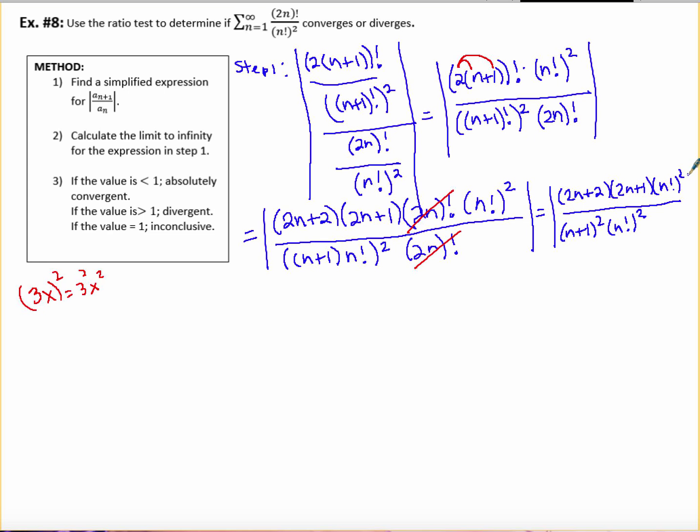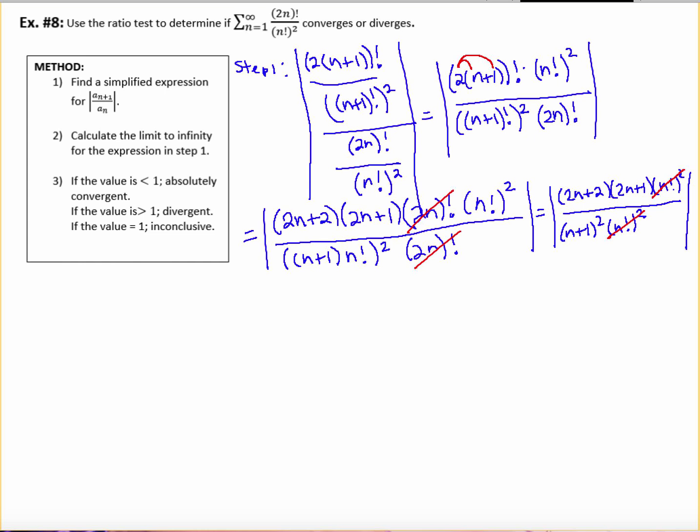Now, of course, I hope you see why I just kind of giggled a bit, because I see that the n factorial squareds will reduce now. We don't need this anymore, huh?